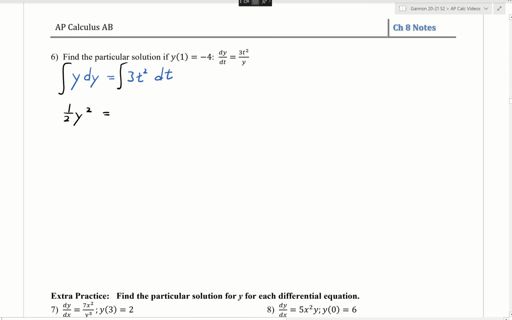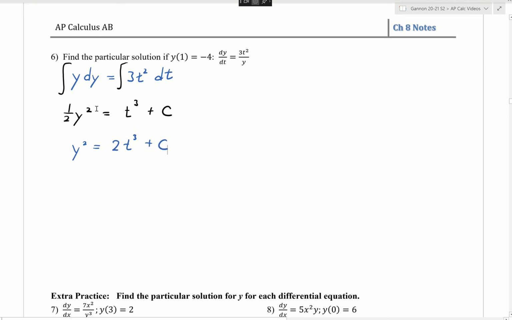And on this side, if we integrate 3t squared, we are going to get t cubed plus c. All right, so you can think about a few things right here. Get that 1/2 over. So y squared is going to be equal to 2t cubed plus c.